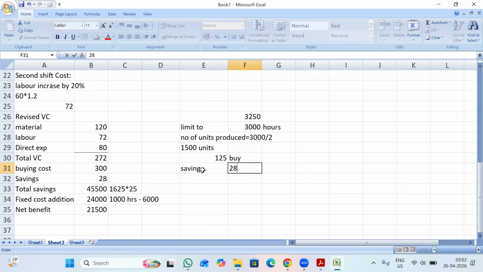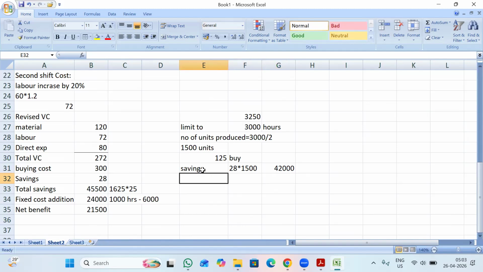So I am planning to produce only 1,500 units. So I will be getting a net savings of 42,000 rupees. That means if I am producing 1,500 units without buying outside, I will be saving 42,000 rupees. Fine.